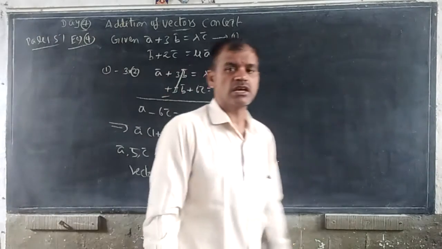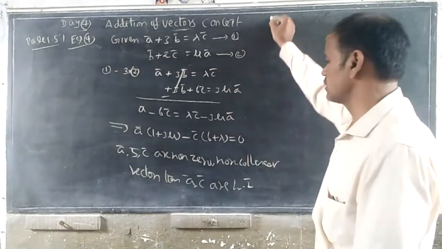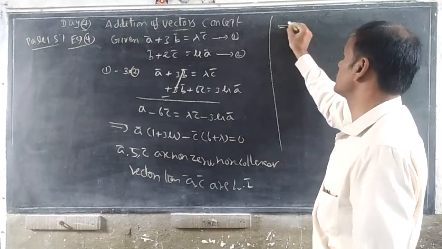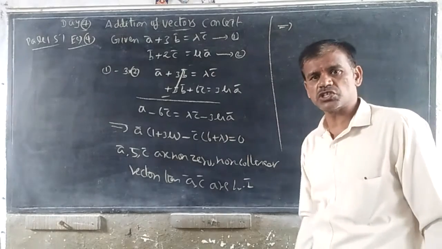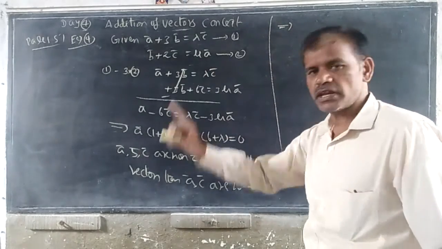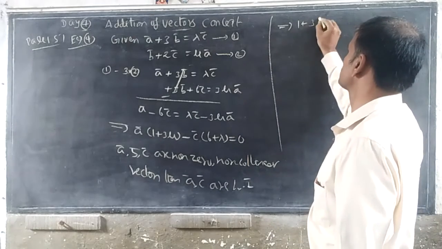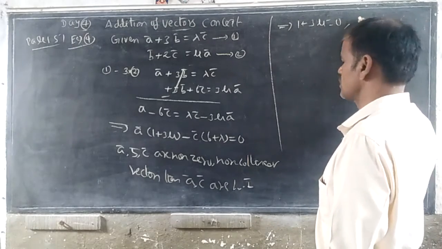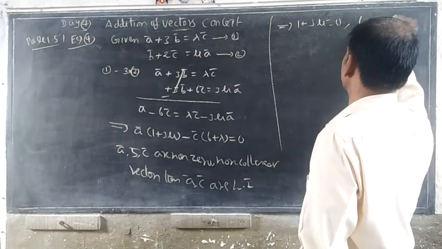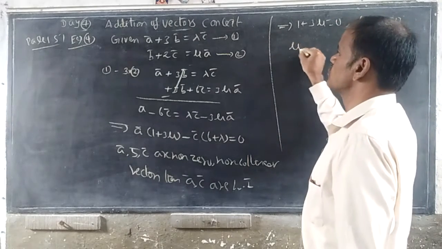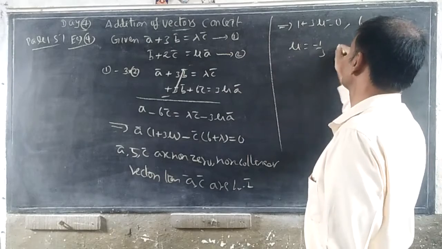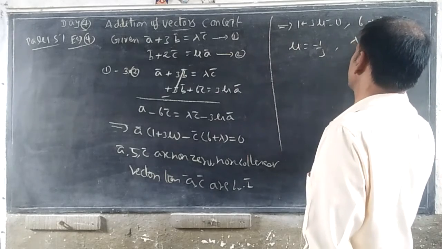Whenever it is linearly independent, we know that the combination is zero and the separate scalars are zero. You can understand 1 plus 3 mu equal to 0, 6 plus lambda equal to 0. So mu is equal to minus 1 by 3, or lambda is equal to minus 6.